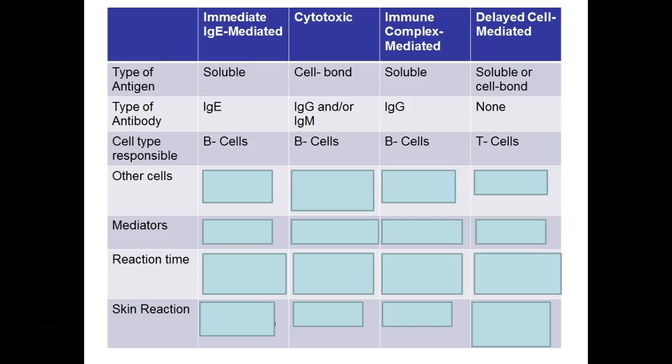So other cells involved with IgE. Remember, who does the IgE bind to? Basophils and mast cells. For cytotoxic, remember the natural killer cells get involved sometimes when they bind to IgG and cause what we call antibody-dependent cellular cytotoxicity.